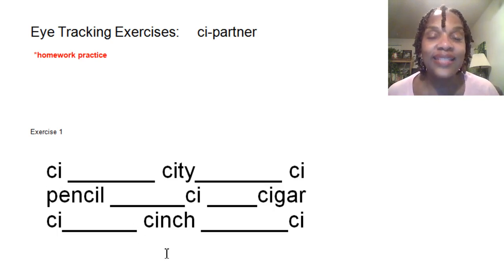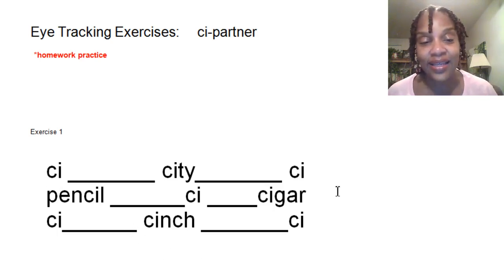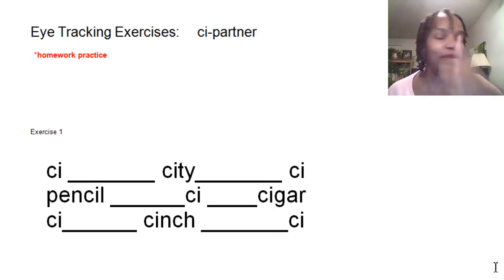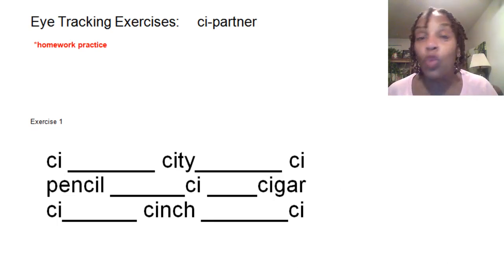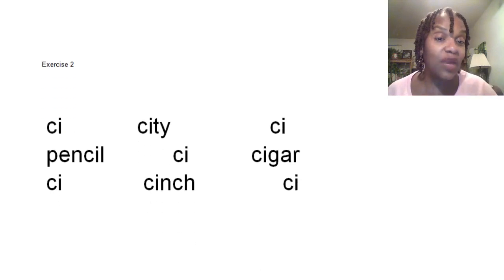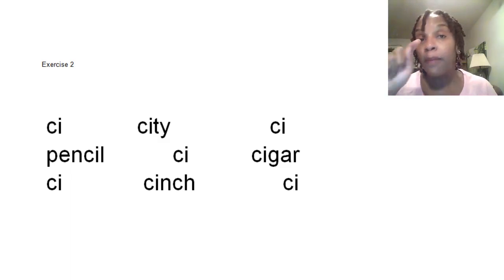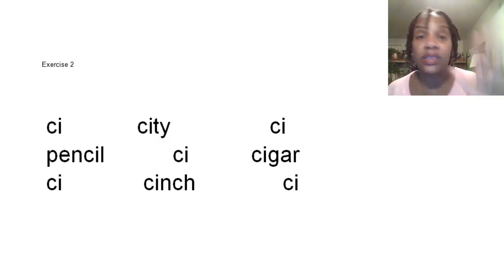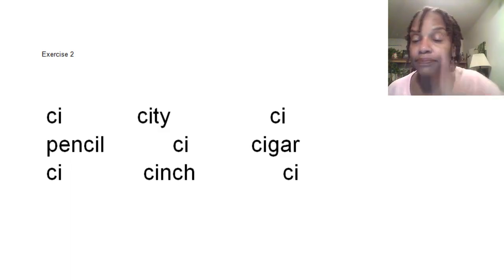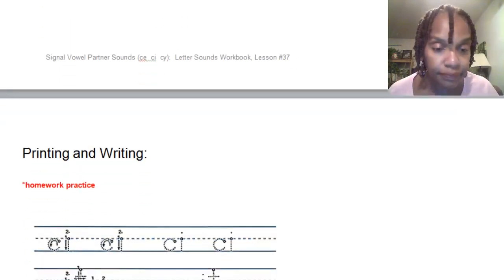Sit, city, sit, pencil, sit, cigar, sit, cinch, sit. Big ups. So when you get your homework, we're going to take away the lines and you're going to do it one more time. We're not going to do it in today's class. This is kind of a big class, kind of a longer class. So we need to move on. But when you get your homework, practice the second part where you take away the lines. Good job.